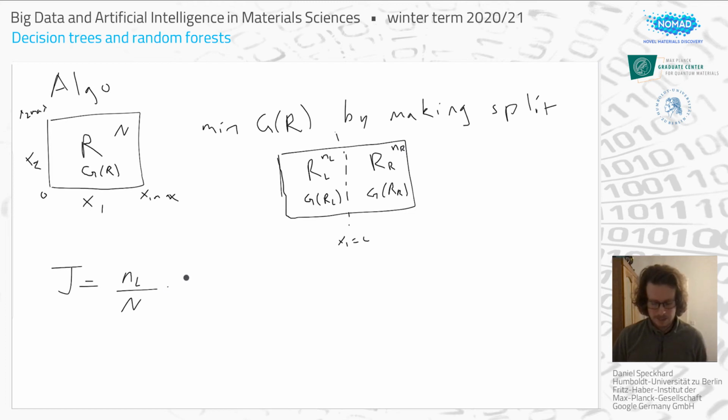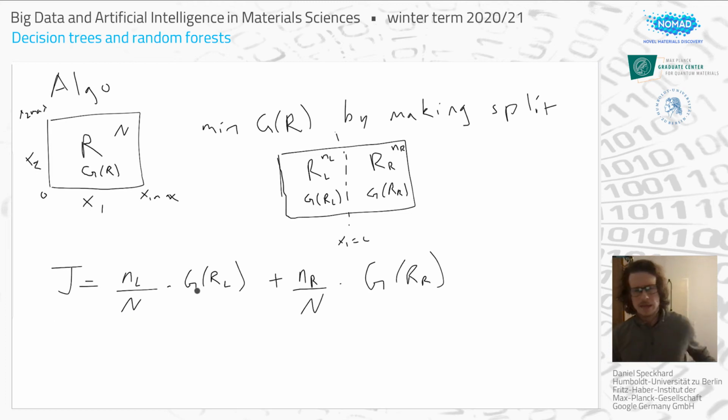We multiply this by the Gini of the region to the left, and we add, of course, the number of data points to the right over the total number of data points before the split times the Gini of the region to the right. This is a little bit confusing, but basically it says that by making this split, we now have two different regions.